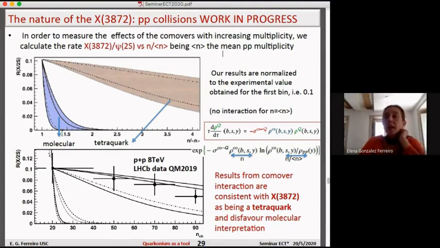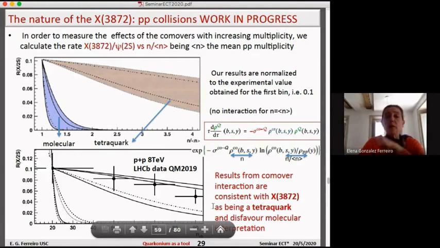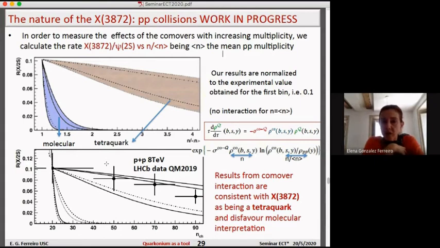If you consider instead that you have a tetraquark, the interaction cross-section is going to be smaller, and you will obtain a behavior with the multiplicity which is consistent with the data. So our interpretation is that the data obtained by the LHC collaboration show a tetraquark nature for the exotic X.